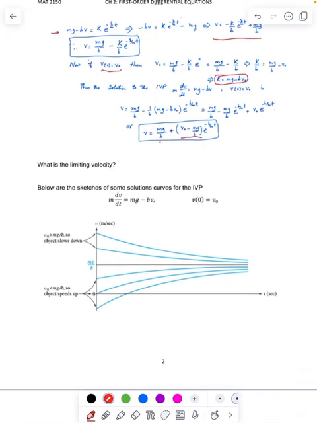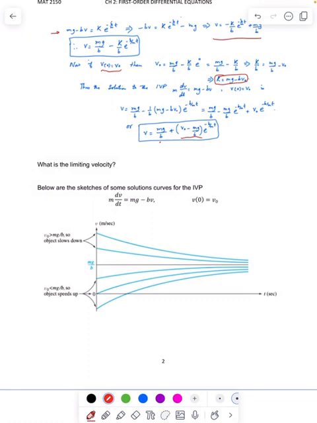So with this situation, what can you say will be the limiting velocity of the object? How will we find it?